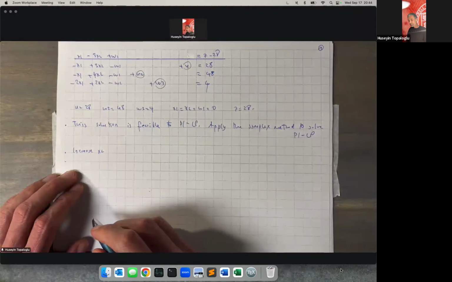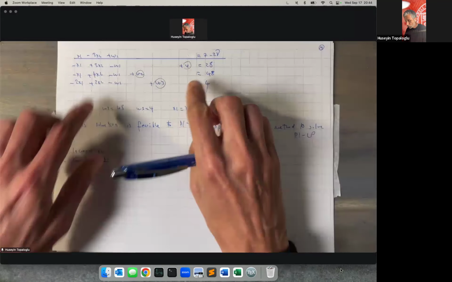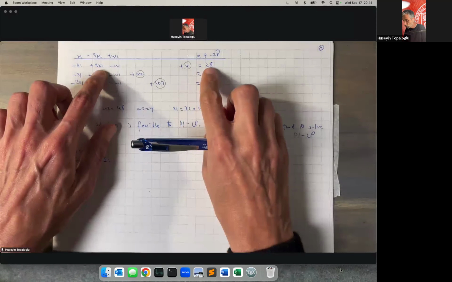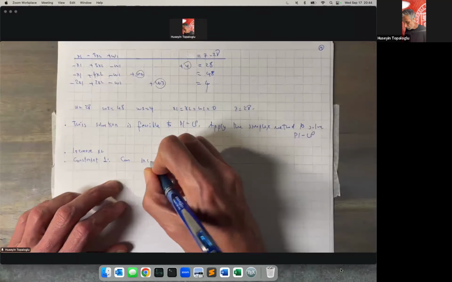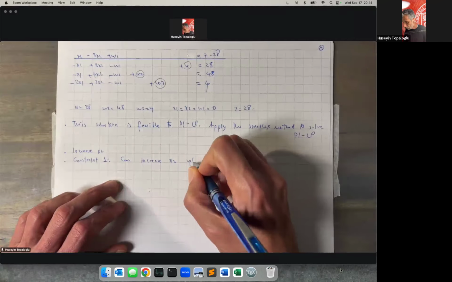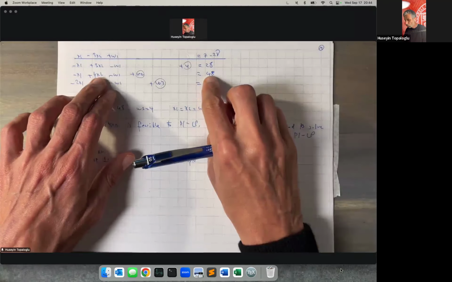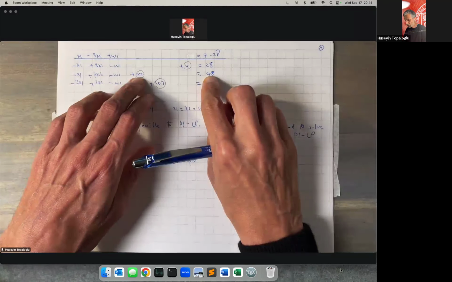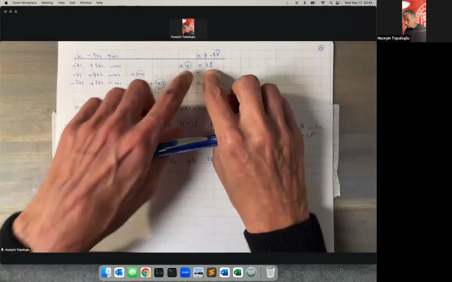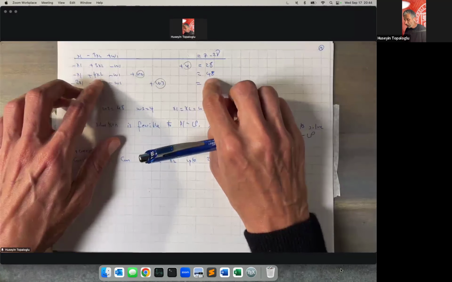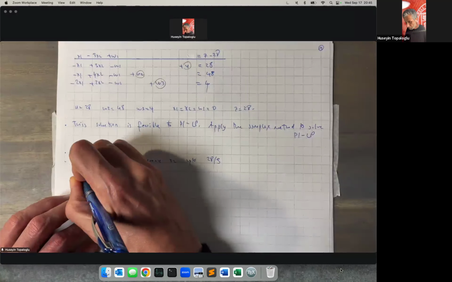How much can I increase x2 before I get in trouble? From constraint 1, I can increase x2 all the way to 28 over 3 before u turns negative. From constraint 2, I can increase x2 all the way to 48 divided by 4 before w2 turns negative.